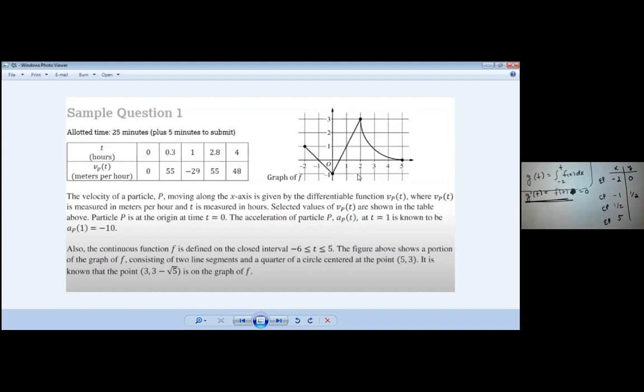And what was that area? 1/4? Positive or negative? Negative. -1/4. And then we've got one more to figure out, and that's -2 to 5.